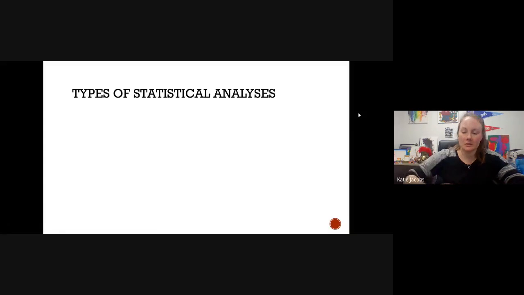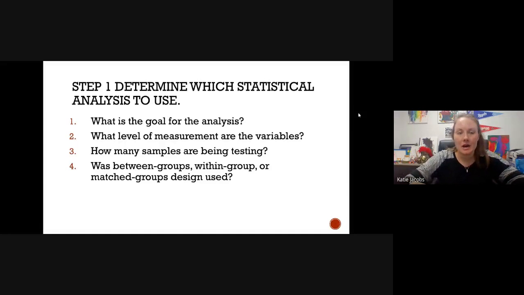All right, so last time we talked about that the hypothesis testing steps that we're learning are basically the recipe for what we're going to be doing for each of these future weeks. The first step is basically deciding which type of statistical analysis that we're going to use. For this, I taught you 4 different things that we'll typically ask ourselves: what is the goal for the analysis?